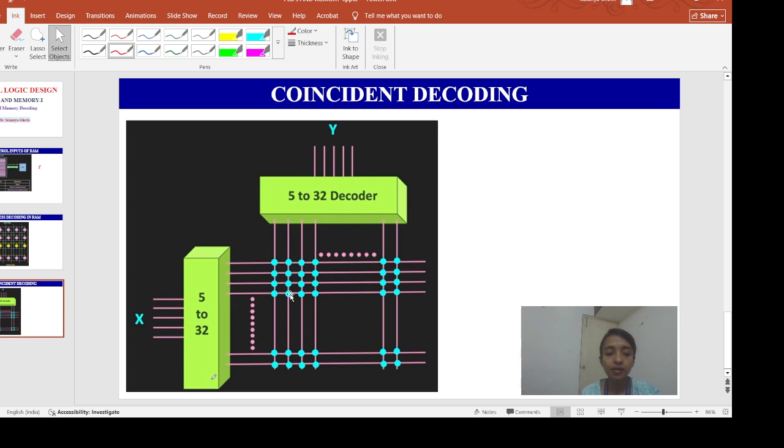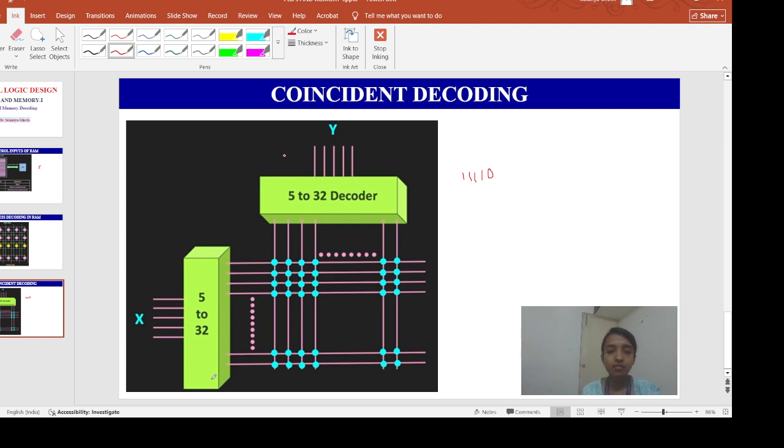Here each location represents a specific word in the memory. If the input to the row decoder is, say, 11110, then it will select the second last row.